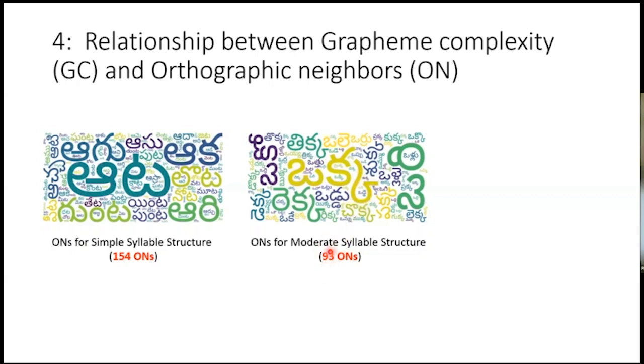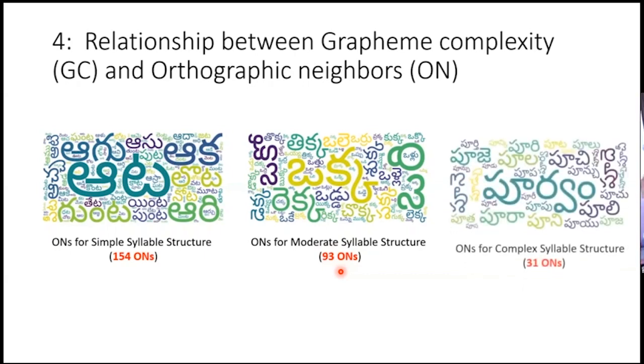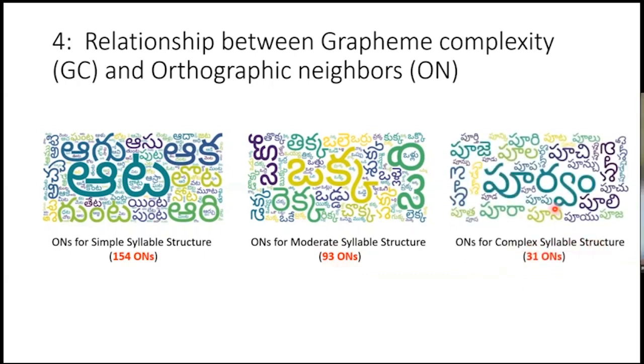For this, the number of neighbors is 93. But for a complex syllable structure like purvam, which is past or something in the past time, right? This two-syllable word has only 31 orthographic neighbors.